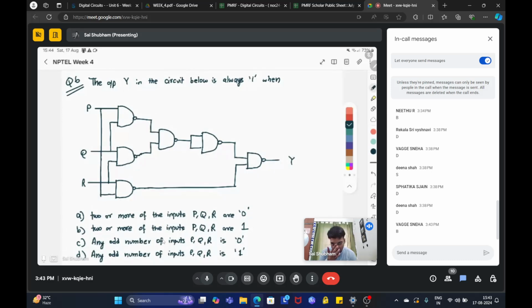I hope the question is clear. The question is that the output y has to be always good. So what are the required conditions? I will give you about 5 to 6 minutes to solve this question.